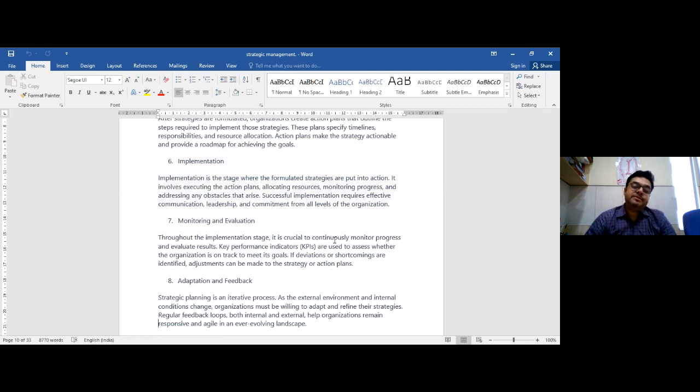We adapt to it, remain responsive and agile in a very evolving landscape, a landscape which is very much changing in terms of its dynamism, that also organizations need to very clearly adapt.